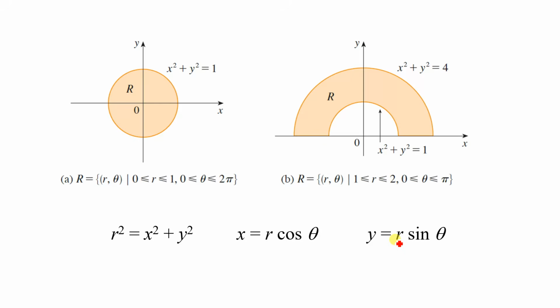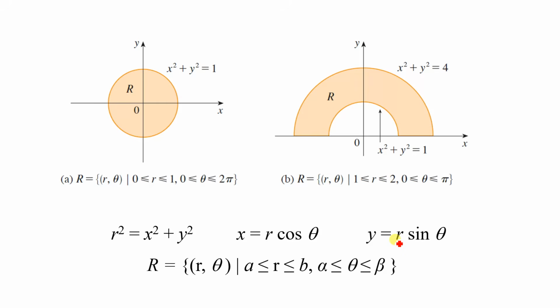For the second figure, you have the set of (r, theta) where r is greater than or equal to 1 but less than or equal to 2, and theta is greater than or equal to 0 but less than or equal to pi.